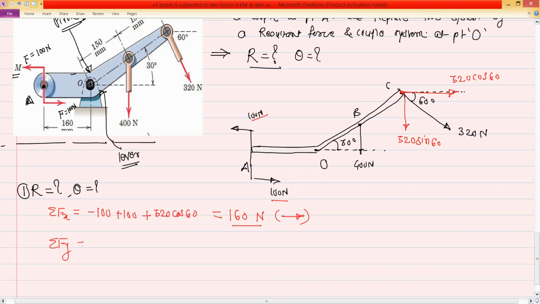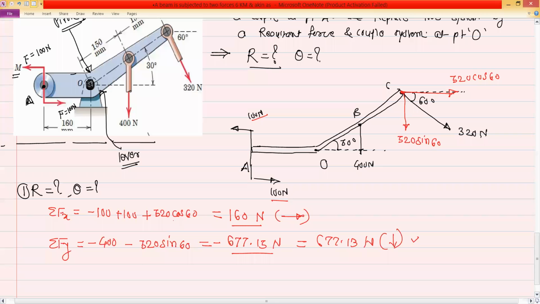Similarly, find out summation Fy. For summation Fy, we have minus 400, then minus 320 sin 60. So this is equal to minus 677.13 Newton, that is 677.13 Newton in the downward direction.